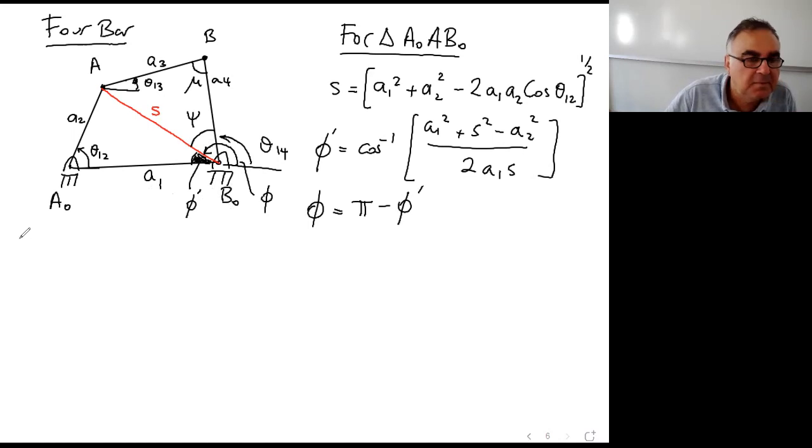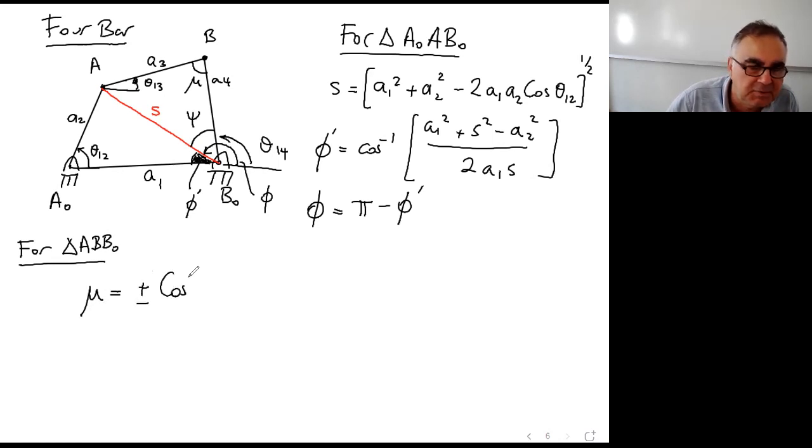Then we go to the other triangle. For triangle A, B, B0. That is the upper triangle, A, B, B0. Okay. You can find certain angles. For example, the angle mu can be found. Now S is known, as we know. Mu can be found from, we will come to this plus minus business.